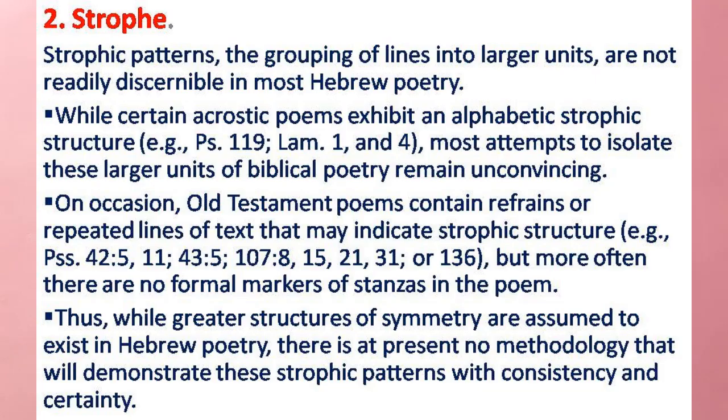The second idea in the rhythm of form of Hebrew poetry is the strophe. What is strophe? Strophic patterns are the grouping of lines into larger units.